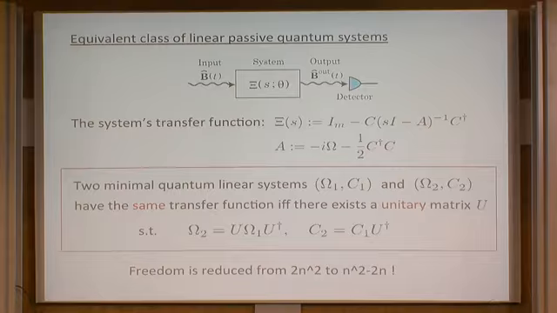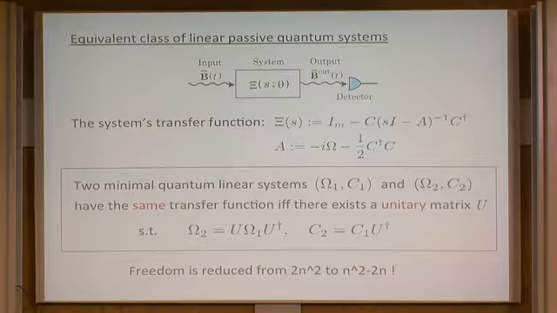But now we can reduce the size of the equivalence class to n squared minus 2n, which is the number of components in the matrices. So this is a big reduction of the number of parameters.